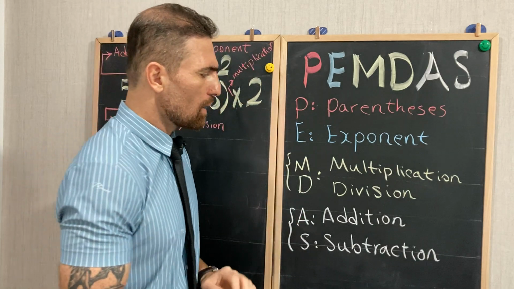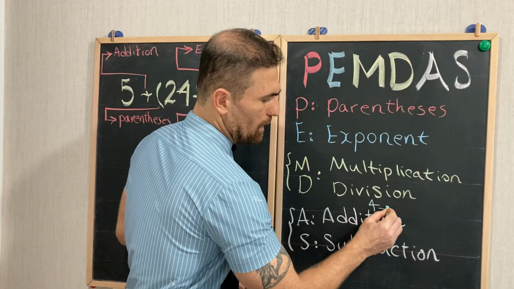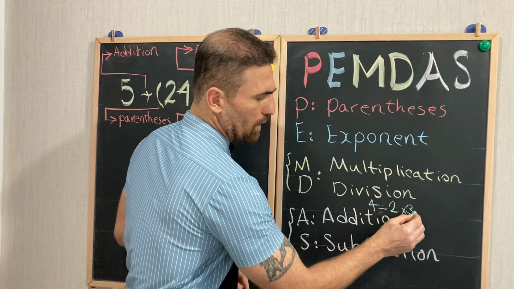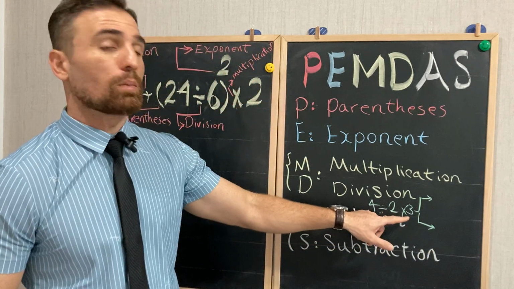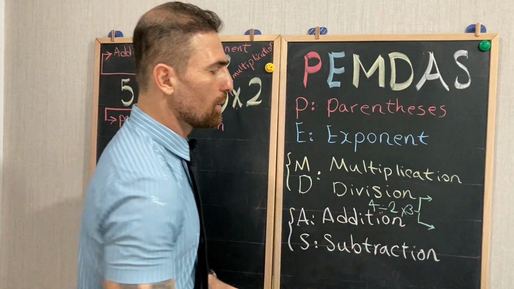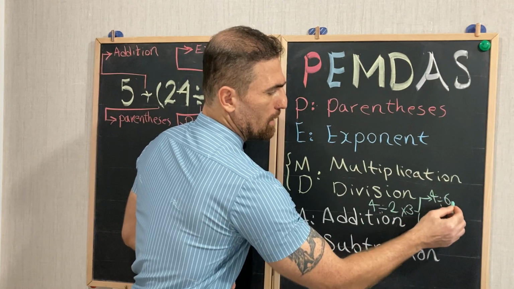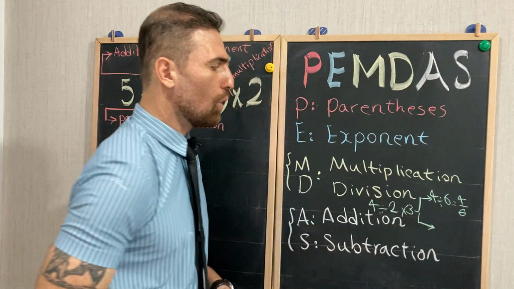Let's write an example: 4 divided by 2 times 3. If I start with multiplication, it's going to be 4 divided by 6, which equals 2 over 3.